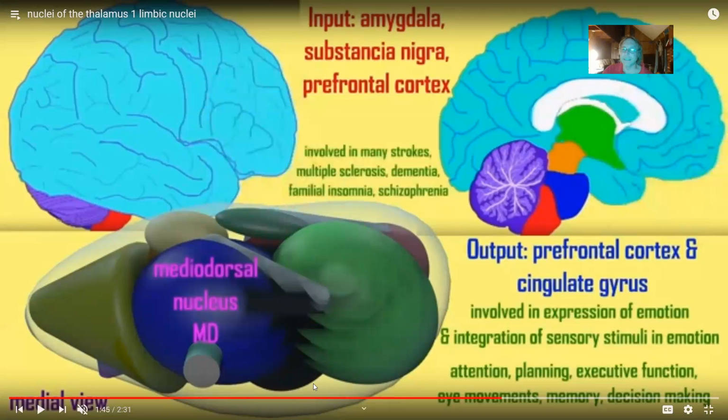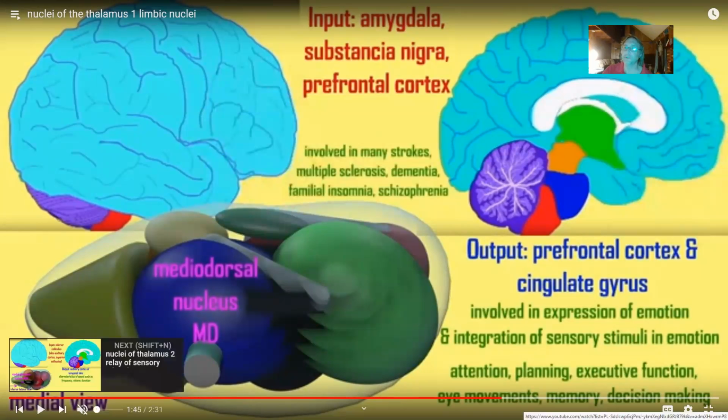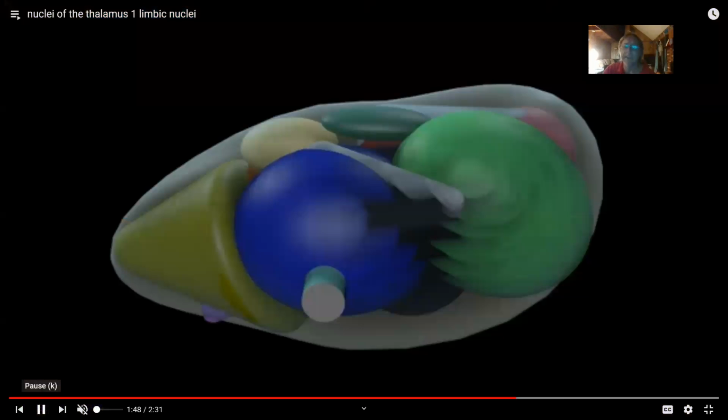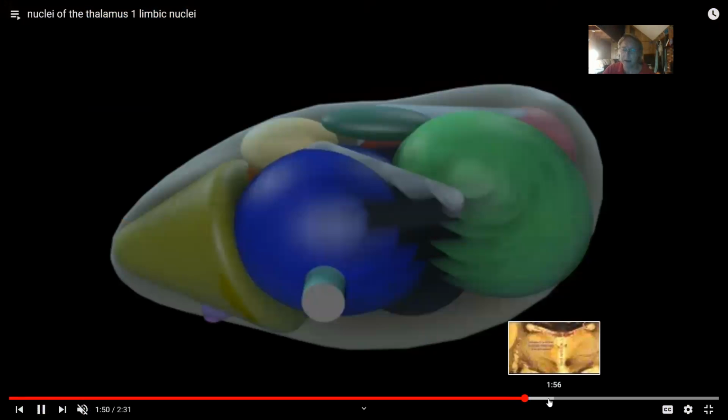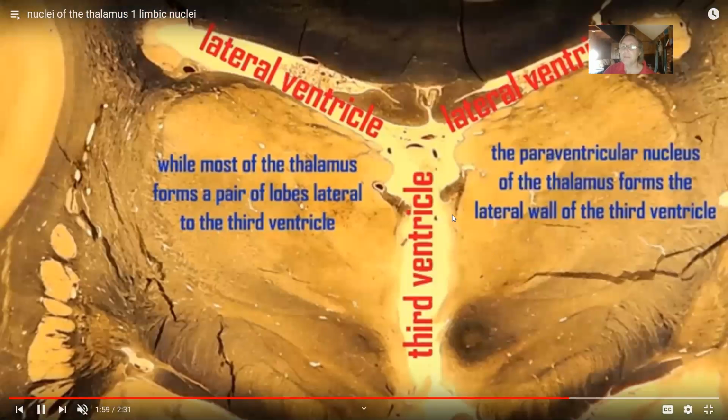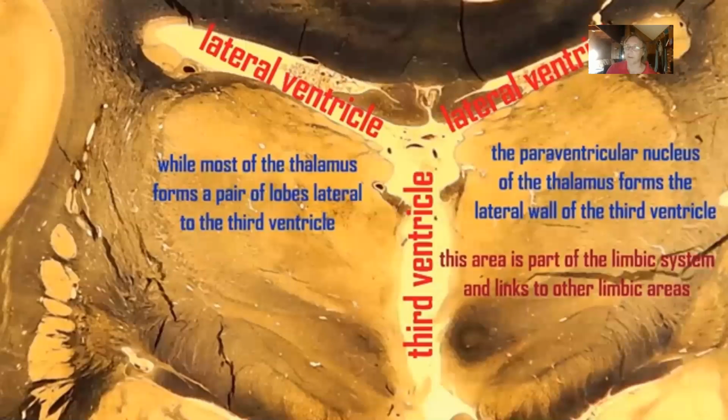The integration of sensory stimuli in emotion, so things that we feel like pain or touch can certainly contribute to emotions, and so this mediodorsal nucleus is involved there, and the paraventricular nuclei of the thalamus, which are distinct from the paraventricular nuclei of the hypothalamus.